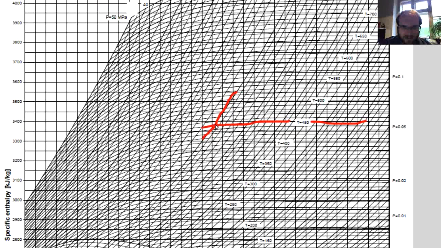Once we find the intersection of the isobar and isotherm, we can read the value of the enthalpy on the y-axis, which in our case is 3300, 3350, and something more. The exact value from the calculation programs says 3358.